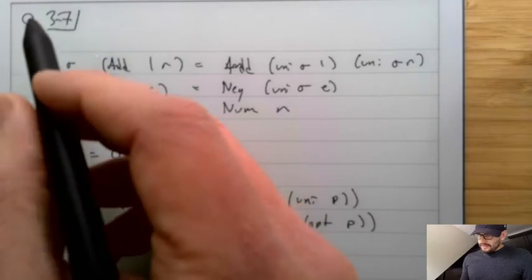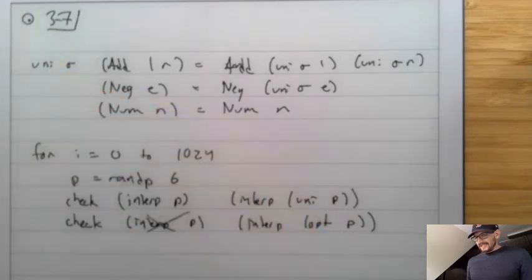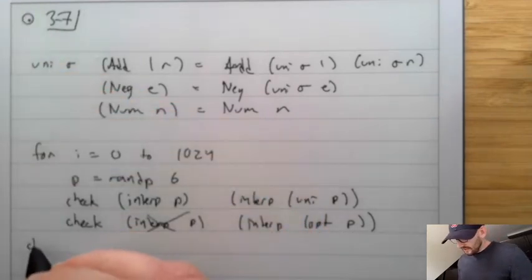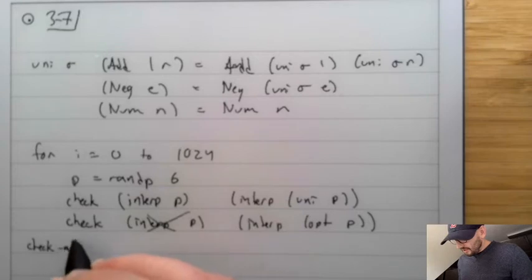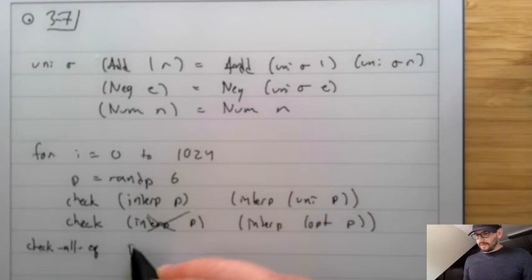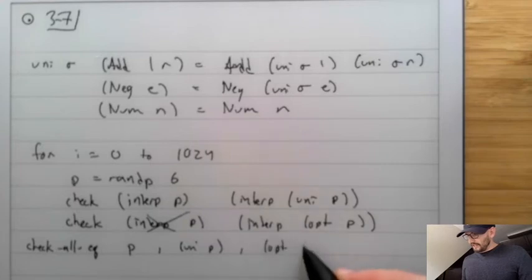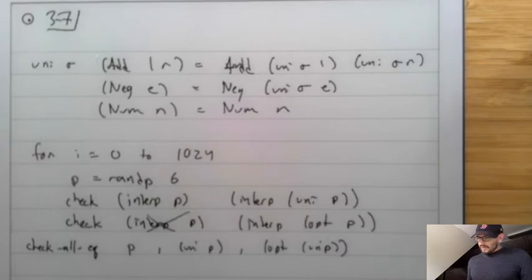In fact, you don't really care about this anymore because you just care if these things are all equal. So I wrote a little function called check all equal. You give it the first program, P, then the second program, uni of P, and then the third program, which is the optimization of uni of P. It's going to interpret this one, make sure it's the same as interpreting that one, which makes sure it's the same as interpreting that one.